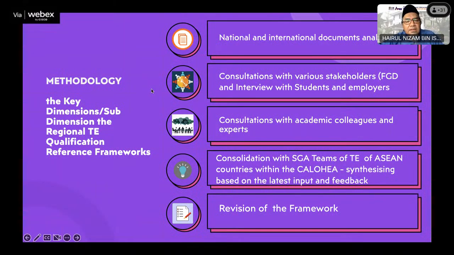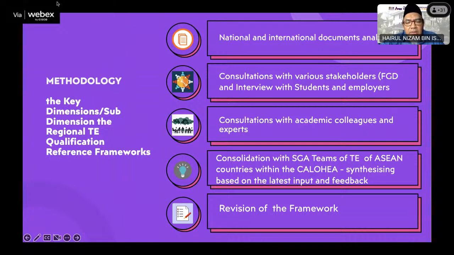So again, this is what I'm talking about, methodology, also mentioned by Prof. Tatsya just now. On the top, we look at all the documents, and we also do some data collection with stakeholders: current students, former students, and our alumni.